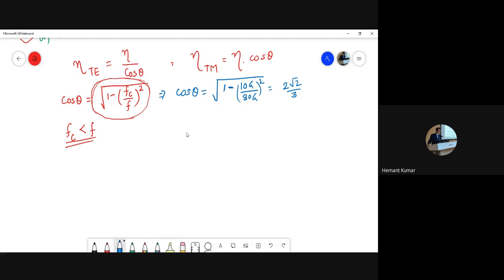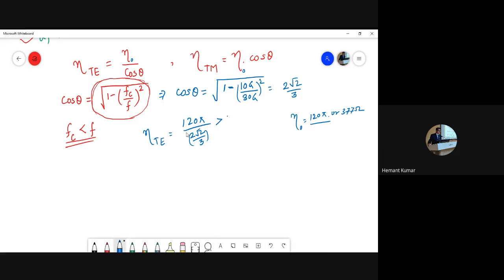Now if you calculate eta TE, eta is eta naught, which we have already studied. Eta naught is equal to 120 pi or 377 ohm. So eta TE is nothing but 120 pi divided by 2 root 2 by 3.